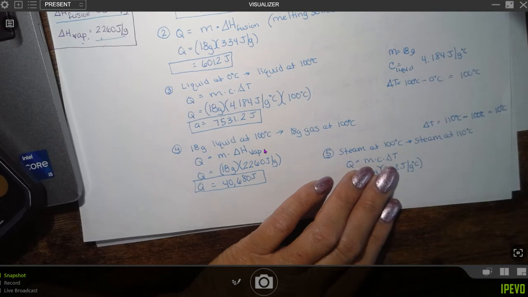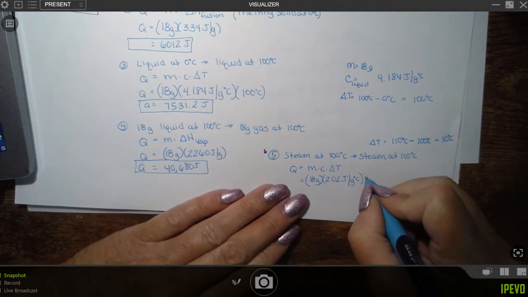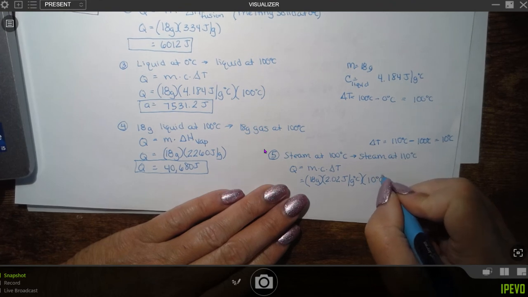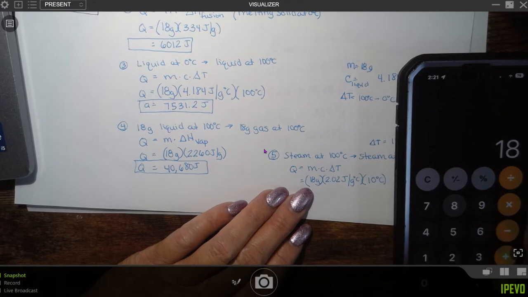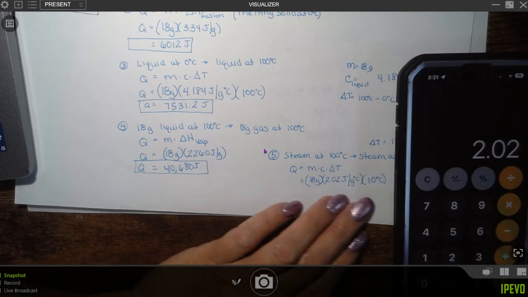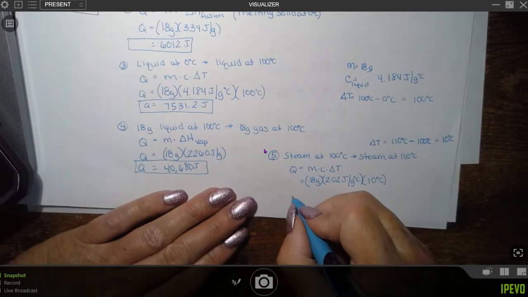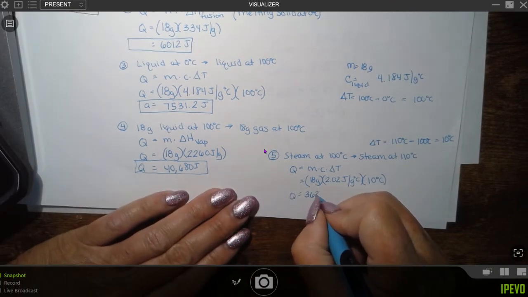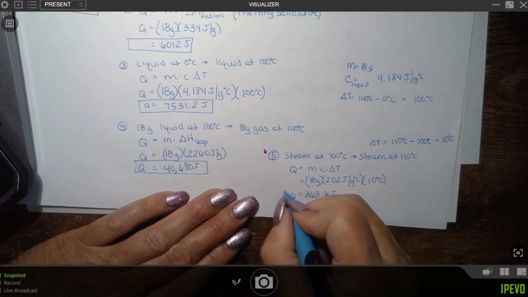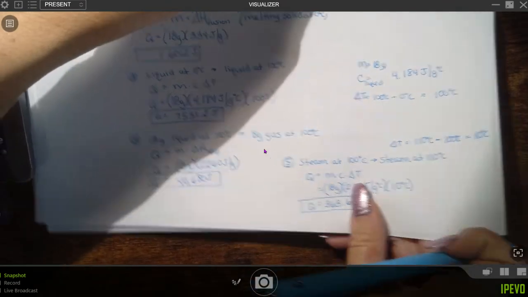So our delta T, our change in temperature, is 10 degrees Celsius. All right, so let's plug this in. 18 times 2.02 times 10 is 300. So Q of that last leg is 363.6 joules. Okay, whew. Now we're almost done.